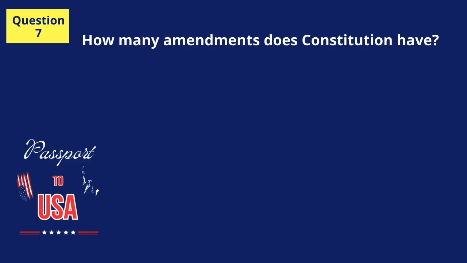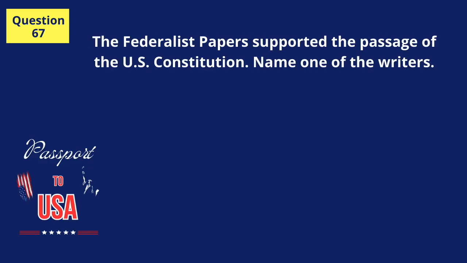How many amendments does the Constitution have? 27. The Federalist Papers supported the passage of the U.S. Constitution. Name one of the writers. James Madison.